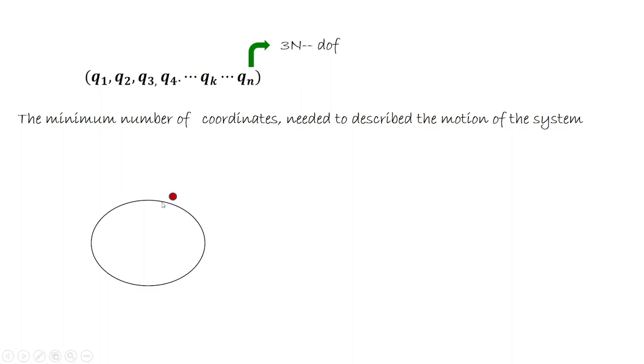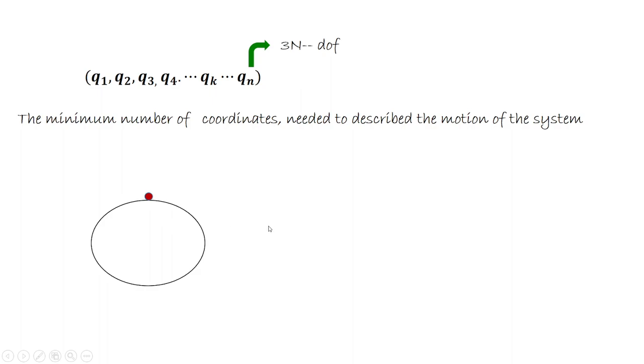This is a circle, which means r is a constant, and it will vary only in the angle theta. So we need only one generalized coordinate to describe the motion of the system.